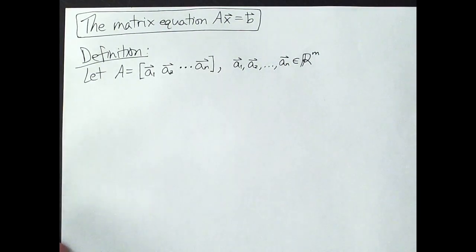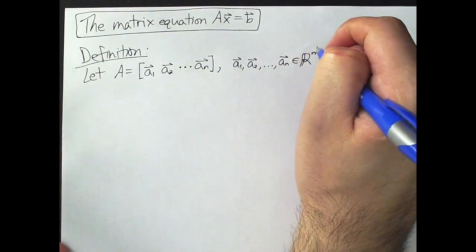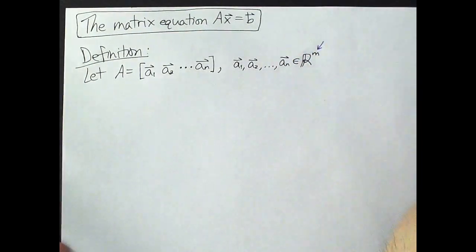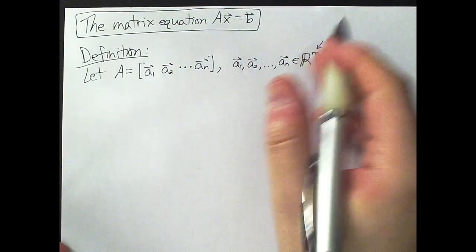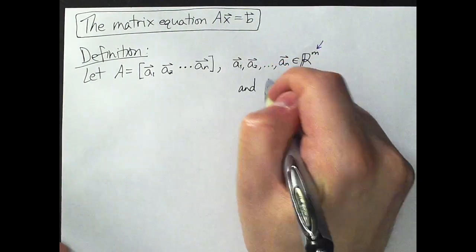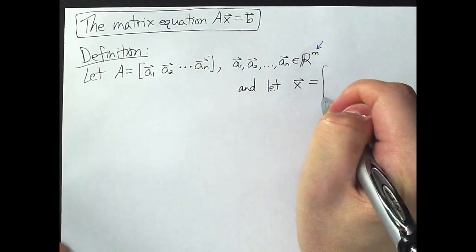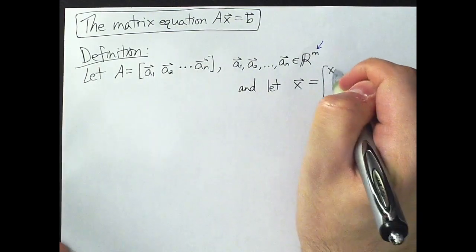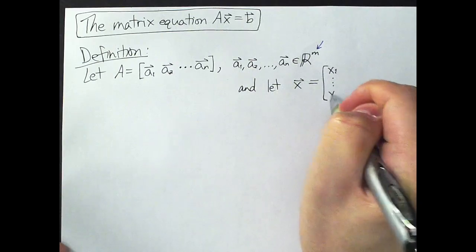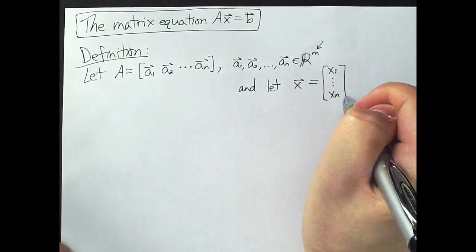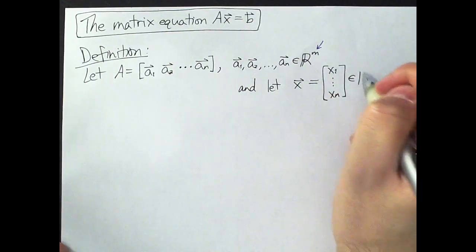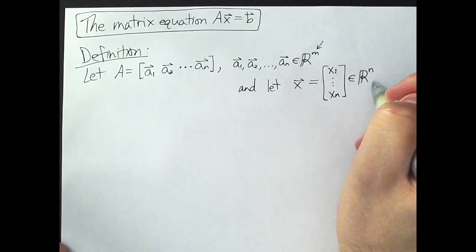Notice that that's an M, not an N. And let X equal the column vector X1 down to Xn, which is an element of Rn.